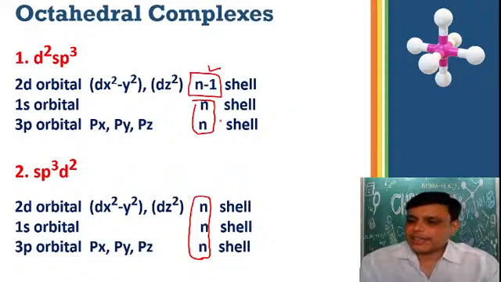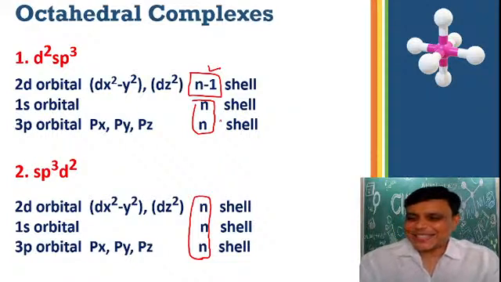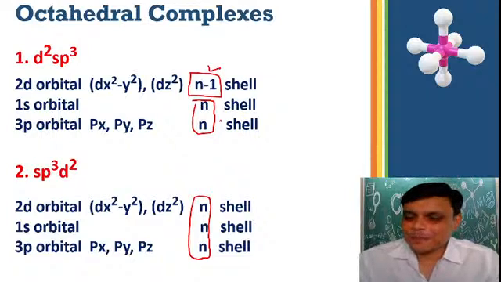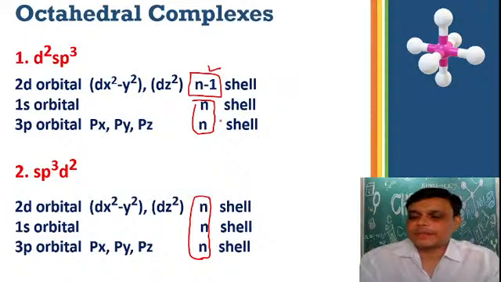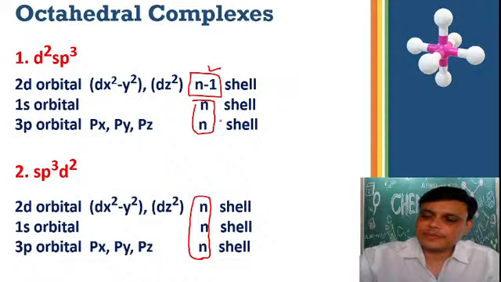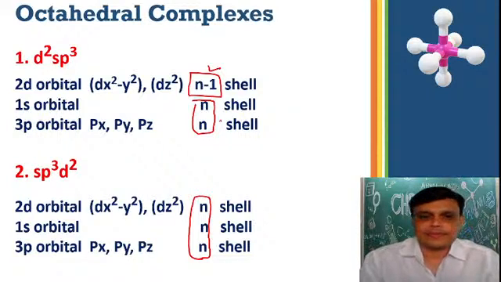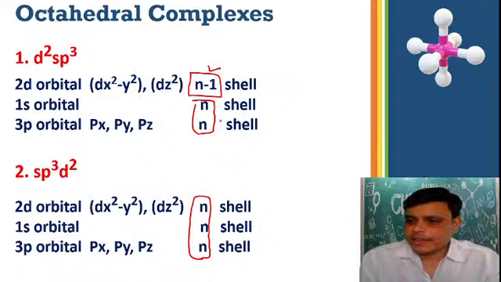Nobody knows. Should I tell you, yes or no, or are you going to say it? Tell me quickly. Krishna Priya is saying I am thinking sir. Can I tell you now? Yes or no? dz square has one lobe along the z axis.